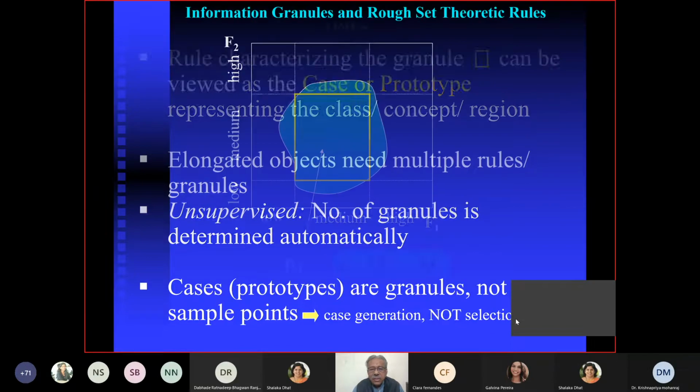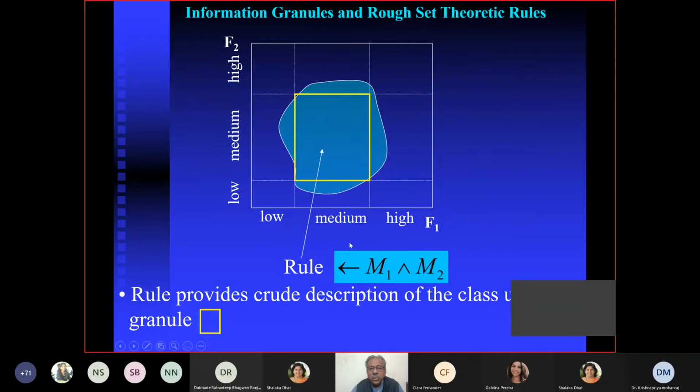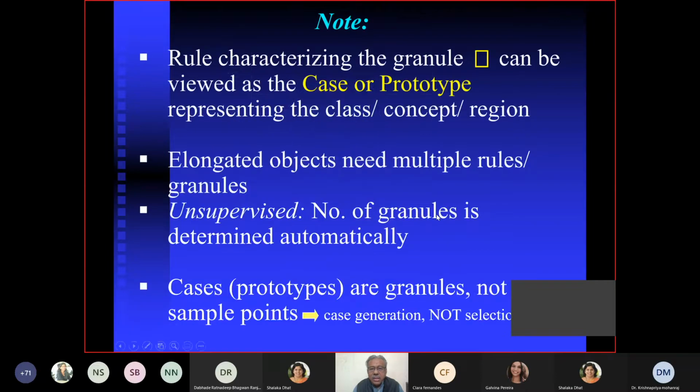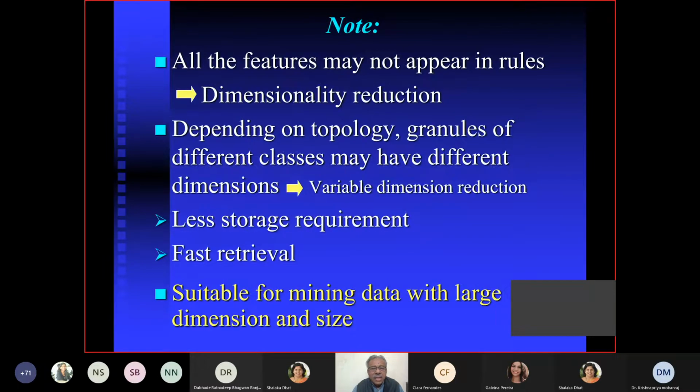Why? Because out of 2 features, we generate a rule with 1. Here the dimensionality is 1, but in real-life problems, dimensionality can be reduced. If I make a feature selection, it will be a subset of this set, but the dimension remains the same. That is why I call it generation, not selection, as it involves dimensional reduction, and also it may involve variable dimension reduction.